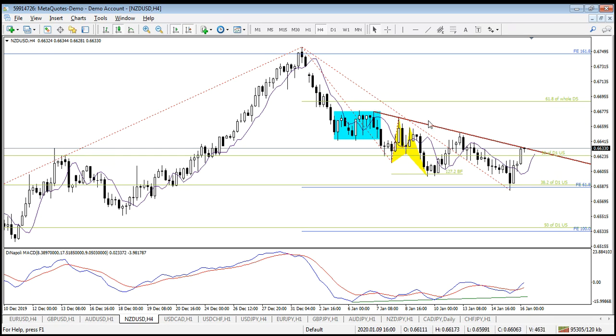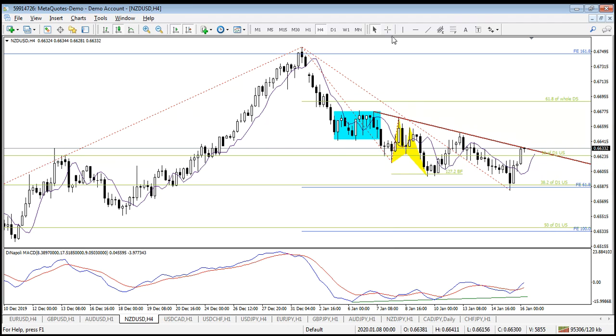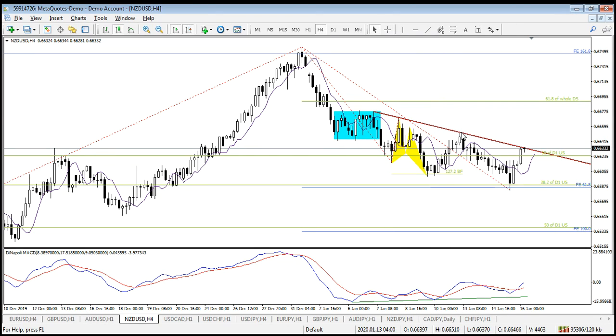This has made this falling trend line, and if we measure the length of retracements, all three main retracements are similar in length. First retracement was from here to this point, so this was kind of 55 pips. Second retracement was from here to this point, it was also 55 pips.